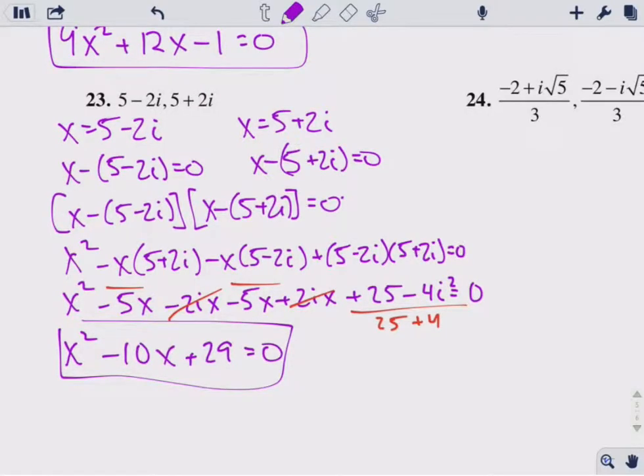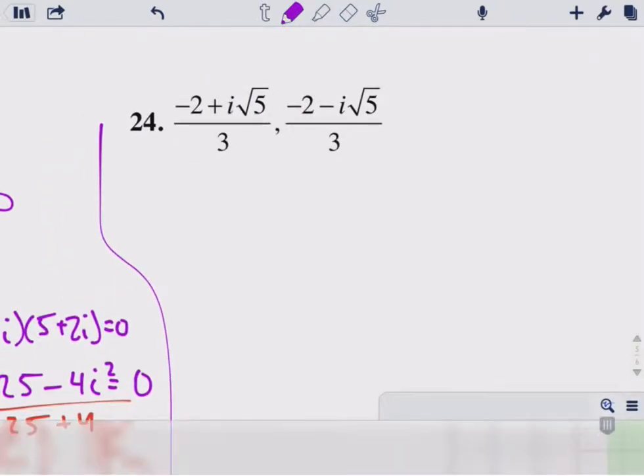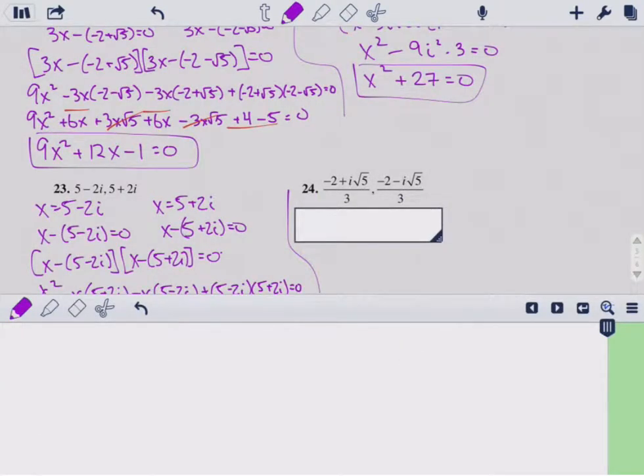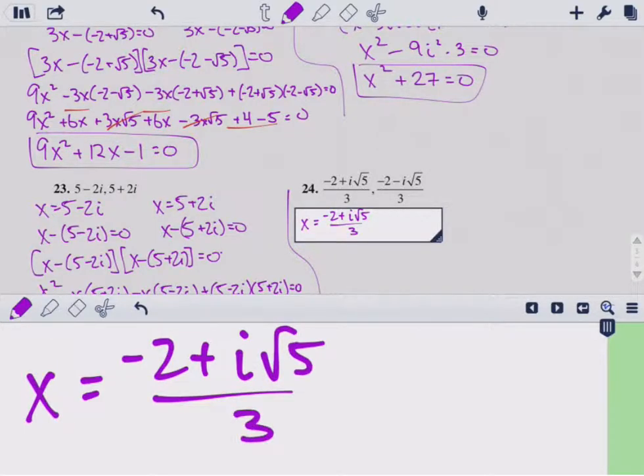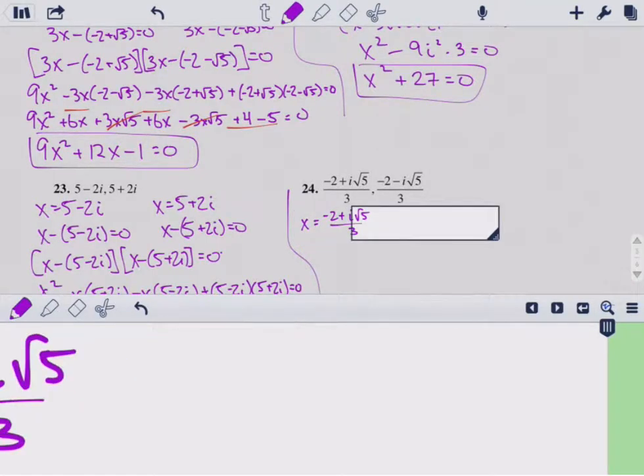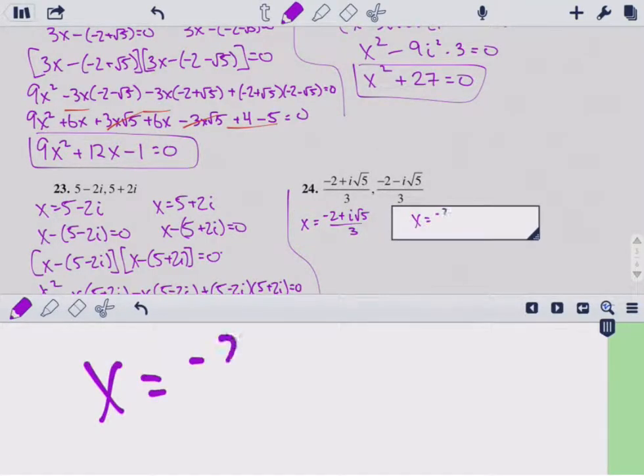Number 24. Okay, so I'm going to zoom in here. Okay, x equals negative 2 plus i root 5 over 3. Alright, and then x equals negative 2 minus i root 5 over 3.